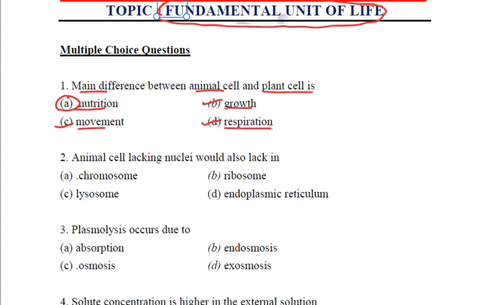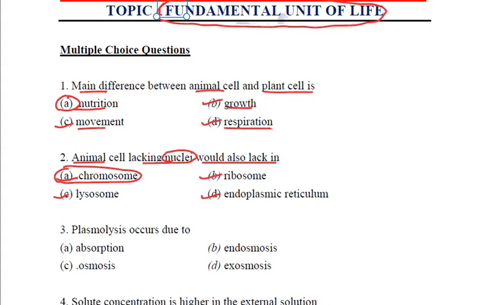Second question. Animal cell lacking nuclei would also lack in chromosomes or ribosomes or lysosome or endoplasmic reticulum. Now we must know that chromosomes are present in the nucleus.